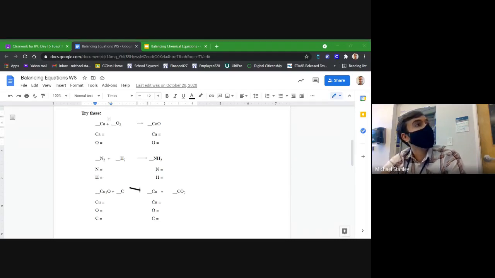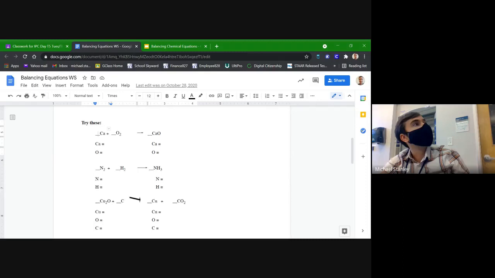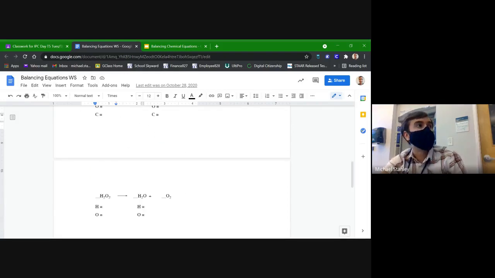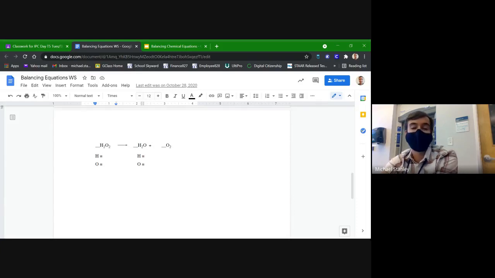So you may recognize the CaO was that first example we did on the whiteboard. The NH3 one was the second. This one was the one we just did, Cu2O. There's one more on here that I'll leave for you guys to try and figure out by yourself.